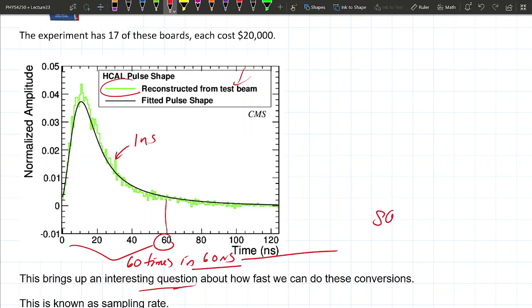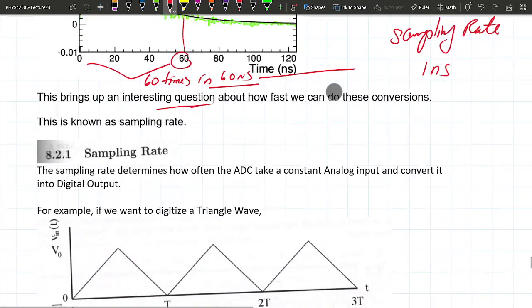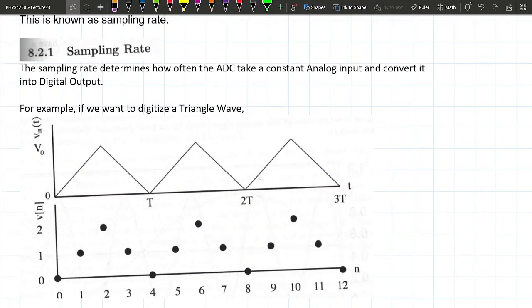That means the sampling rate should be what? 1 nanosecond, right? So you're measuring the pulse every nanosecond, okay? So this is known as the sampling rate, okay?